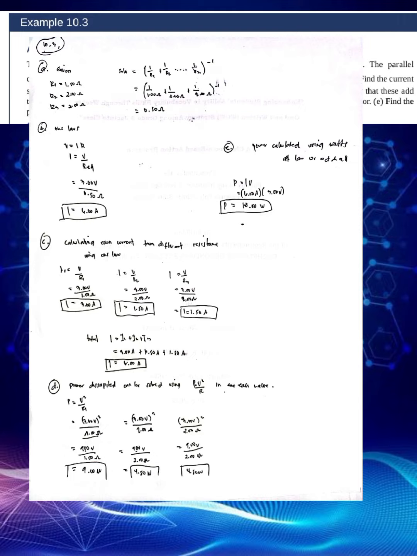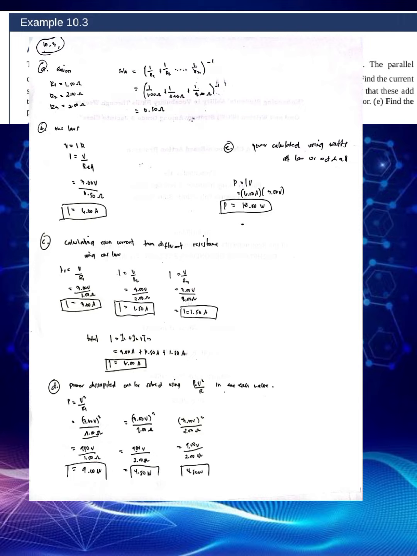So we will separate them. For resistance 1, we use the equation of current is equals to volt divide resistance. So our volt is 3 volt divide by resistance 1 which is 1 ohms. So we get our current 1 3.0 ampere.